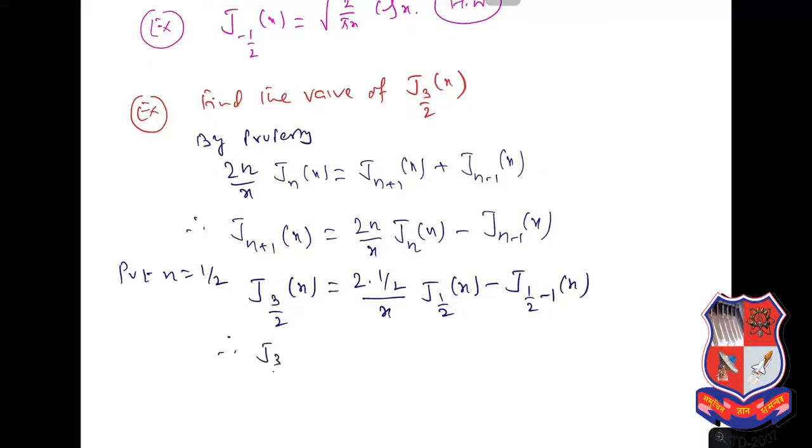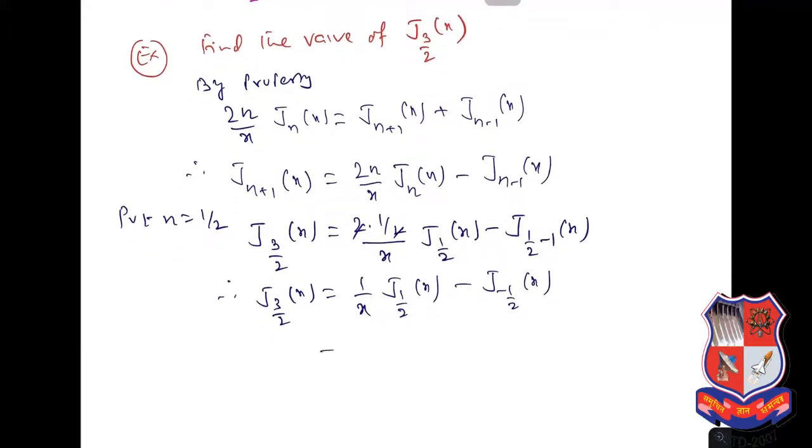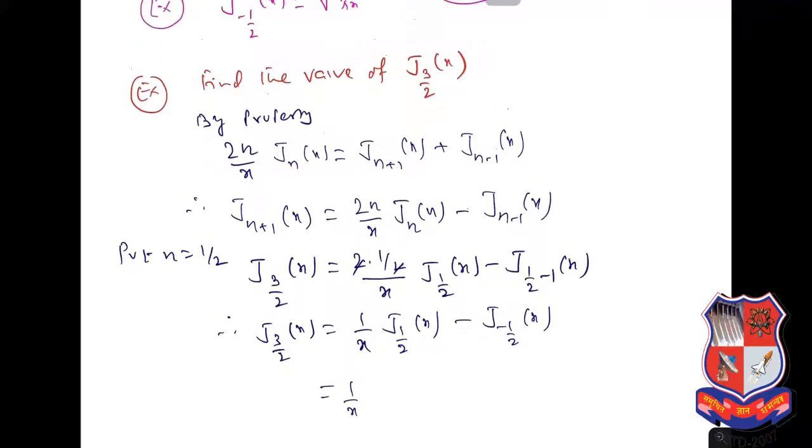So therefore j 3 by 2 x equal to 1 by x j 1 by 2 x minus j minus 1 by 2 x, and so this is equal to 1 by x.